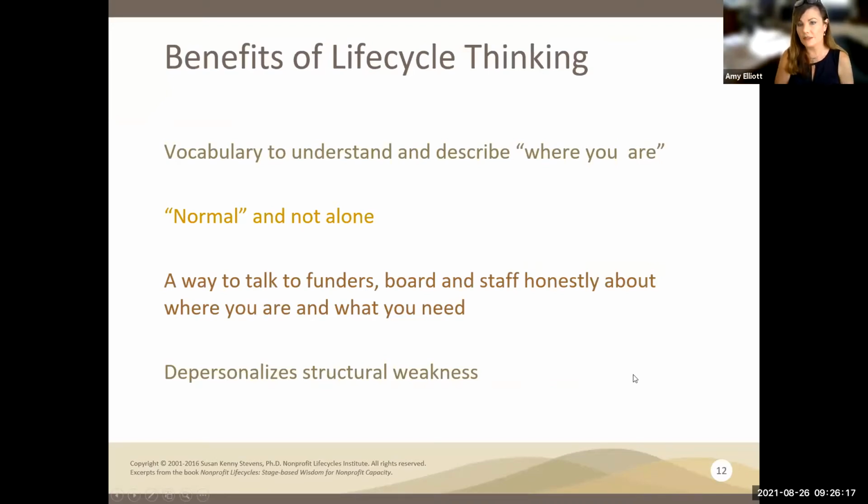So, the benefits of thinking this way. Why are we using the life cycles model? Why is Amy, really drank the Kool-Aid, didn't she? You're like, wow, she loves this model and she really wants to teach it. One of the reasons is because you understand and describe where you are right now.